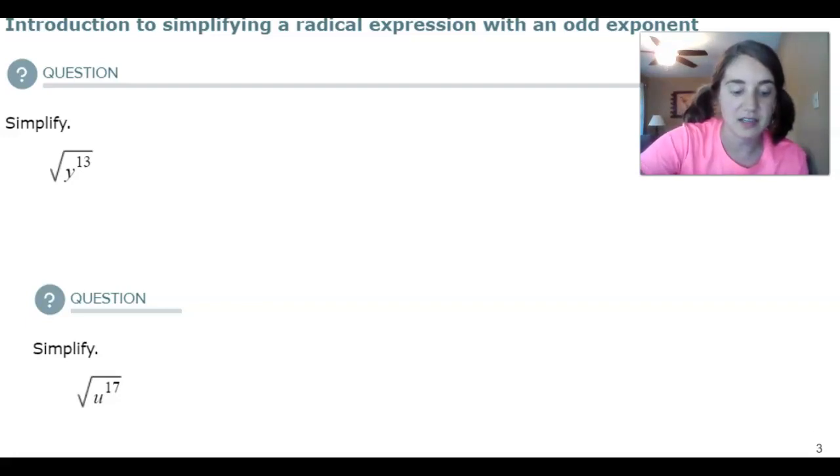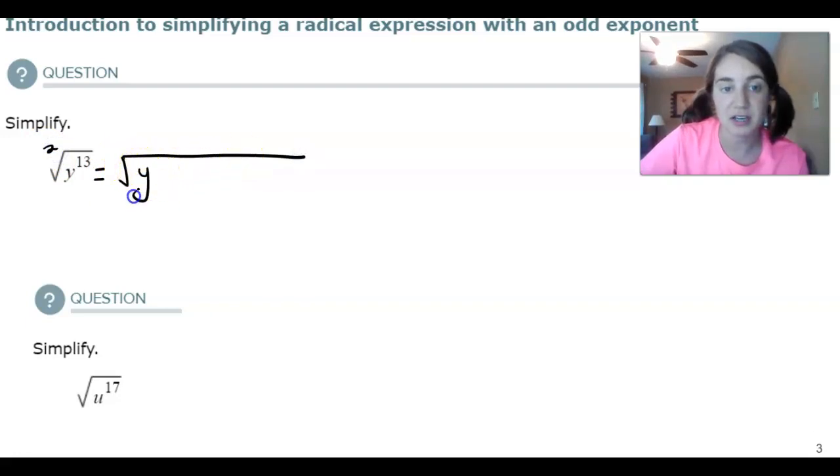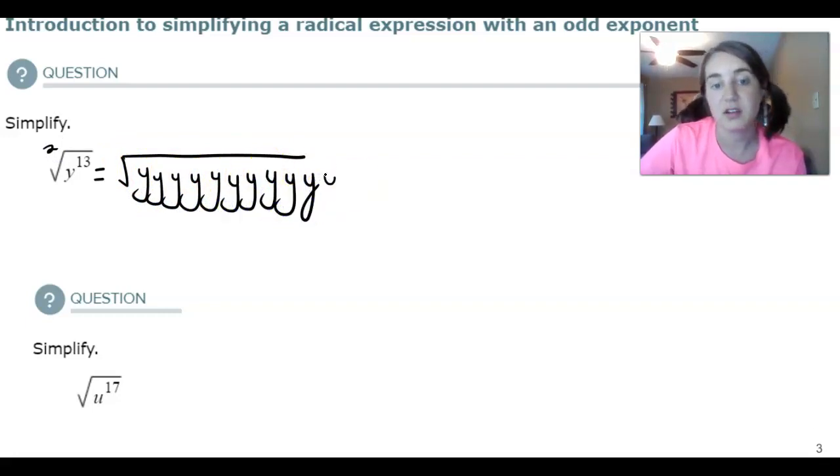This is asking us, there's a couple ways to think of this. It's asking us to group things by 2. So I have 1, 2, 3, 4, 5, 6, 7, 8, 9, 10, 11, 12, 13.